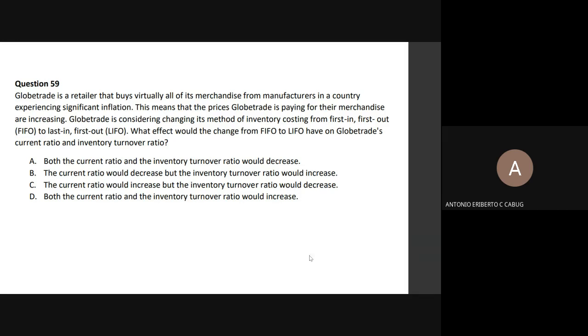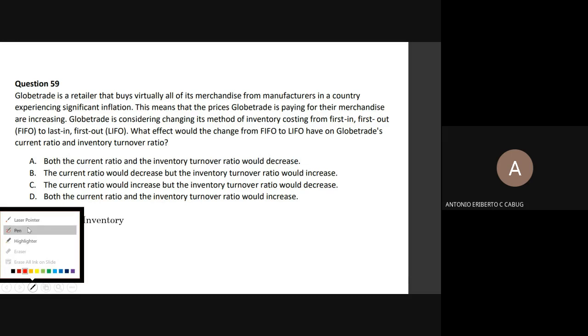Okay, enter now. Everyone, please give your answers. Everyone ha, yung mga iba napansin ko kumukonti na lang.